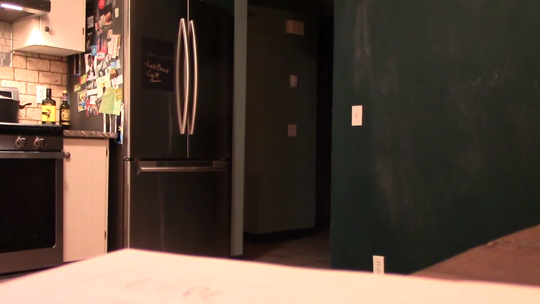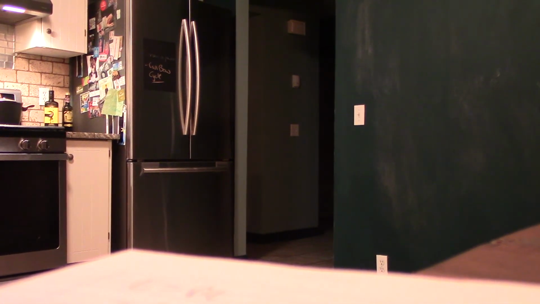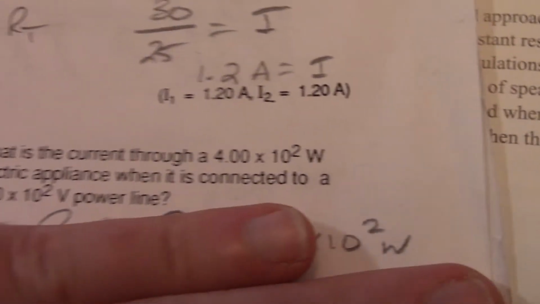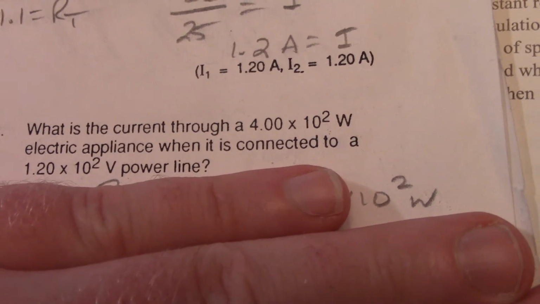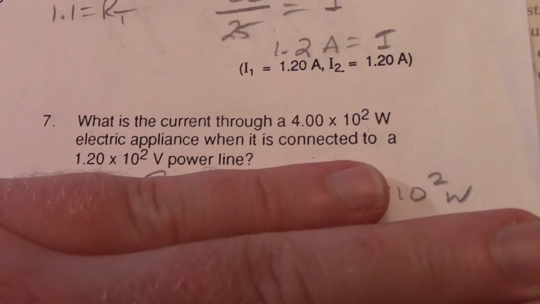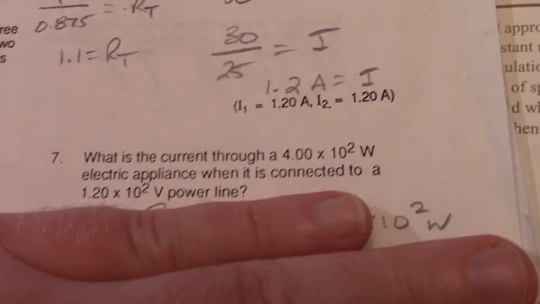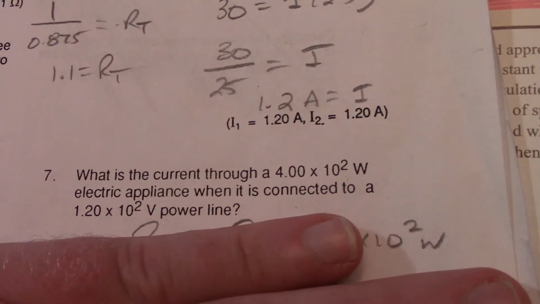Okay, I'm going to pull up some more questions here. So here's some more sample problems, and you can just follow along as I go through them. This question says, what is the current through a 4.0 times 10 to the 2 watt electrical appliance when it is connected to a 1.2 times 10 to the 2 volt power line?